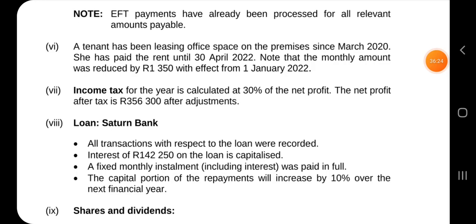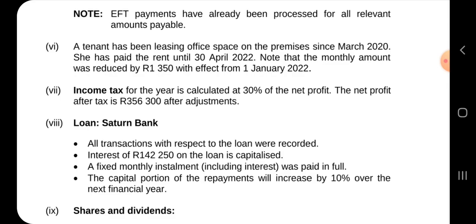So with regards to this rent, a tenant has been leasing space on the premises since 1 March 2020. She has paid the rent until 30 April. So in this current financial year of 2021, she has paid the rent until 30 April. The financial year ends on the 28th of February.